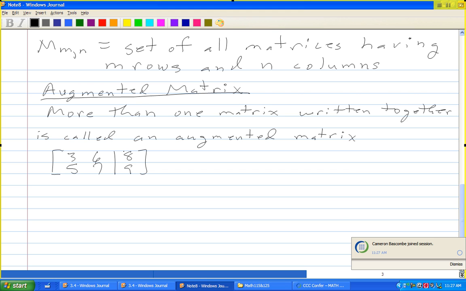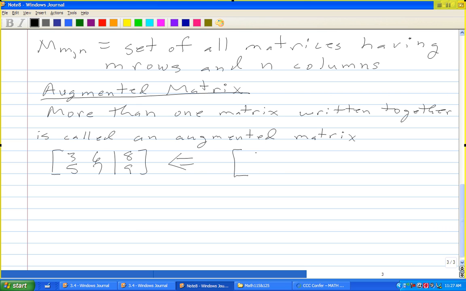And so this would stand for two separate matrices written together. And so this stands for this one matrix, 3, 5, 6, 7, and this other matrix, 8, 9. And we've just sort of adjoined them together. Okay.